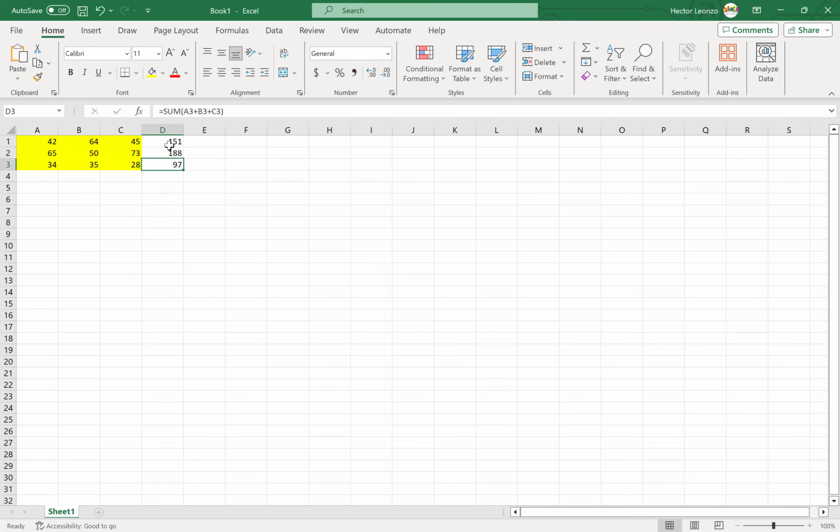Okay, I just want to know here the sum of my rows. I added my rows. Now here at the bottom, I'm going to add my columns. So I'm going to add my A column. I'm going to put equals the first space plus this one plus the third space.